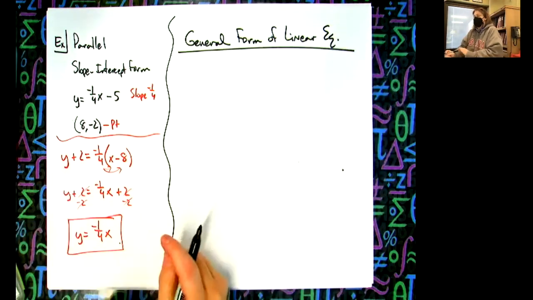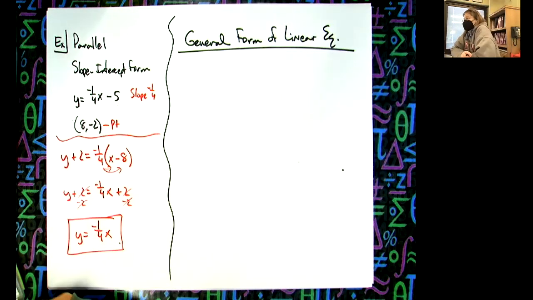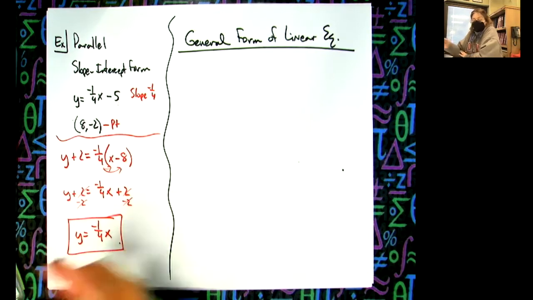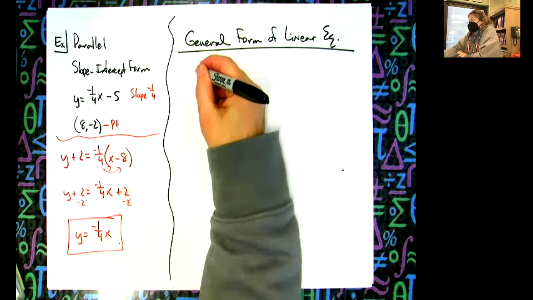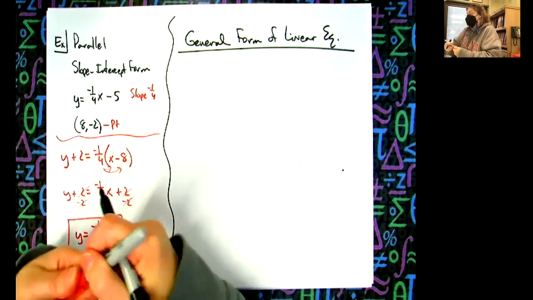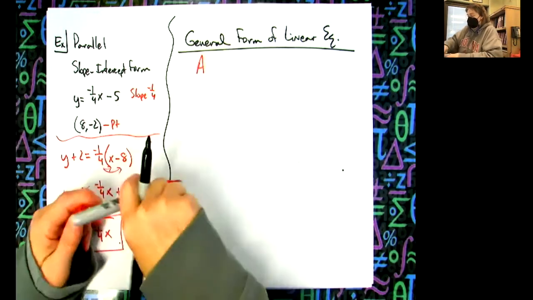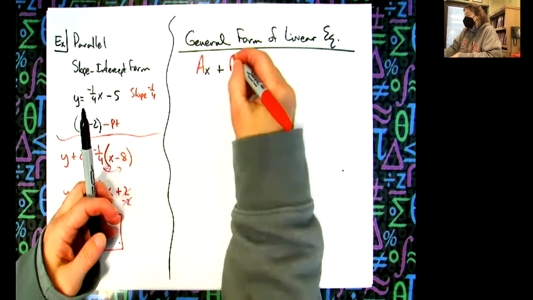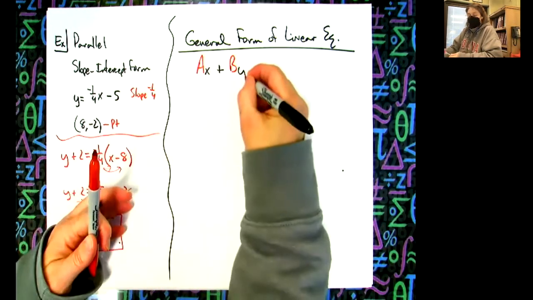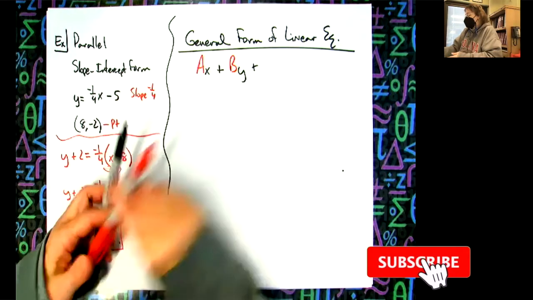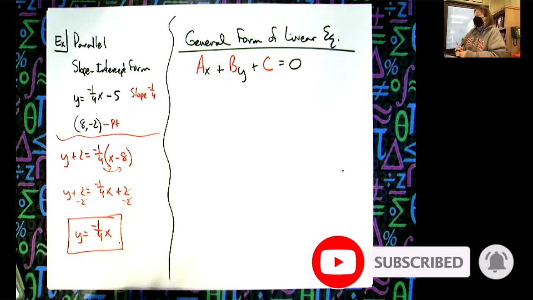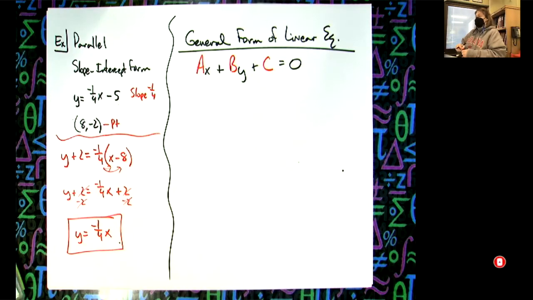It's not very popular, but if you see general form in your homework or in your textbook somewhere, general form is just, and here I'll color code it, some number x plus some number y plus another number is equal to 0. So it's really, really close to standard form.